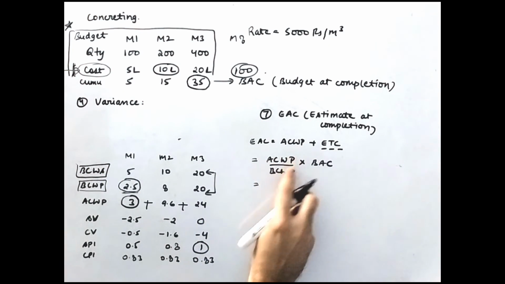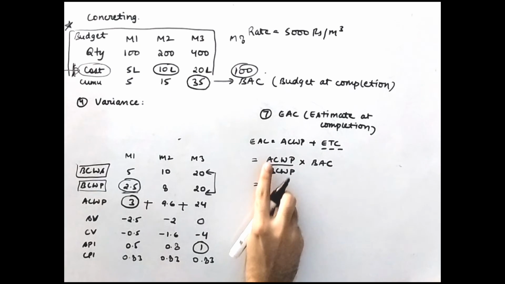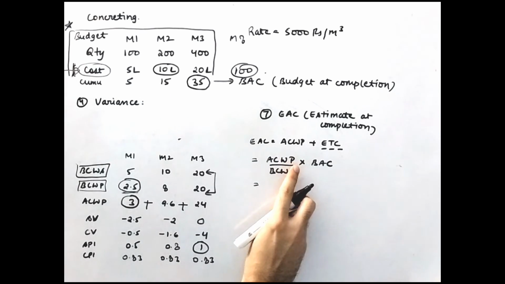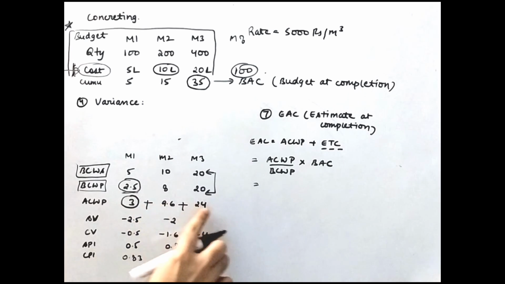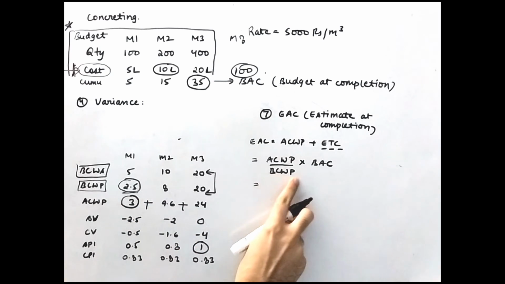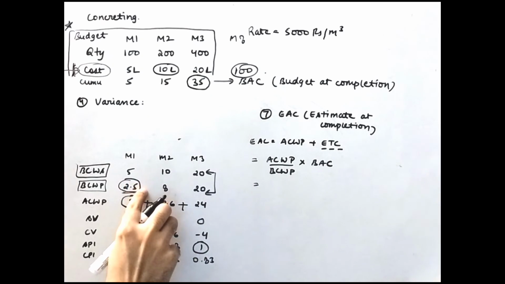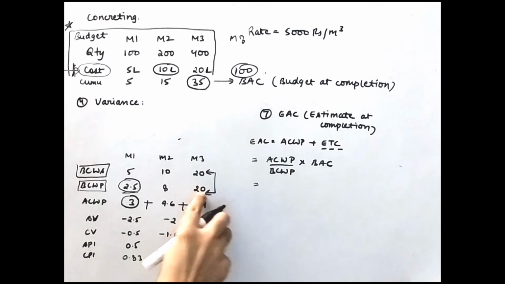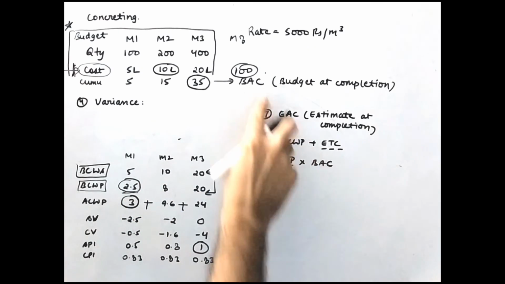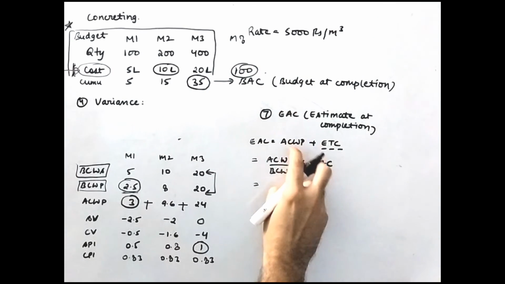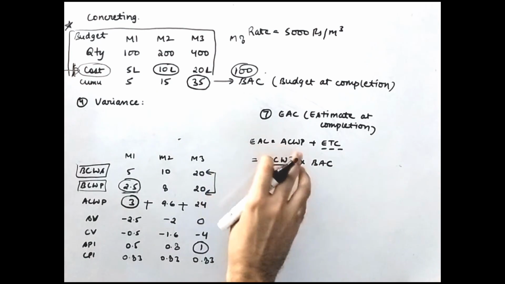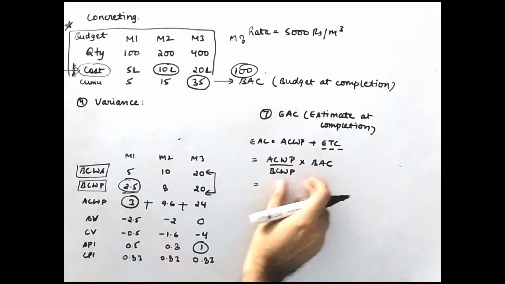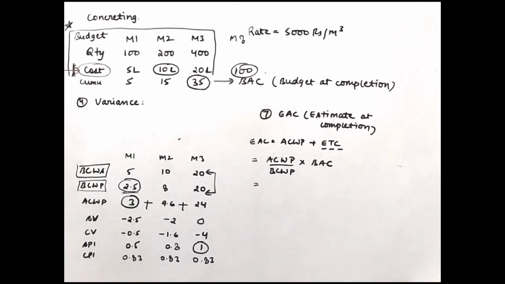So ACWP divided by BCWP: you know your actual cost of work performed, this plus this plus this, divided by BCWP, this plus this plus this, multiplied by BAC. What is your budget? 100. So basically you are considering the same strike rate constant for the complete duration, that the variance we are having right now will continue till the end of the project.